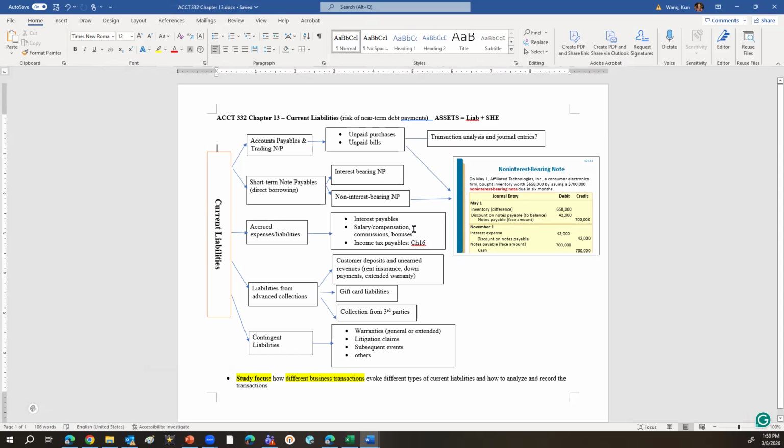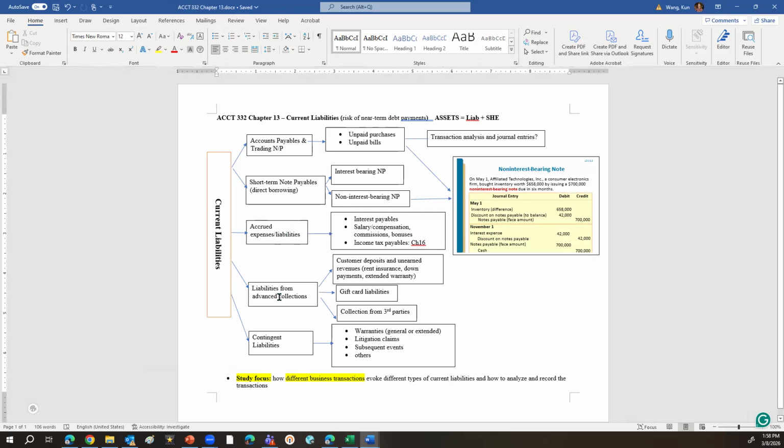Check more details in the book or the slides for examples. Income tax payable is also an accrued expense, but we have one special chapter on tax-related debt and deferred tax assets, chapter 16. So find examples for the accrued expense categories.